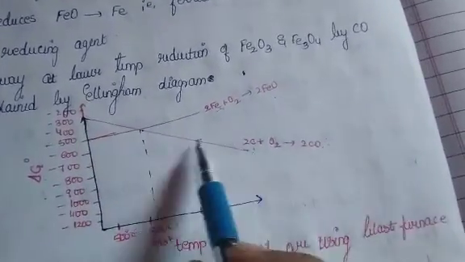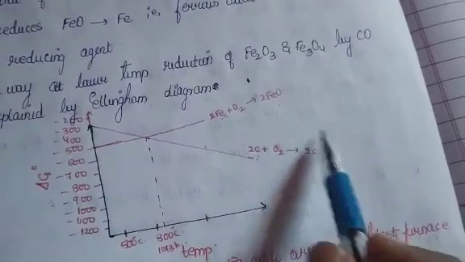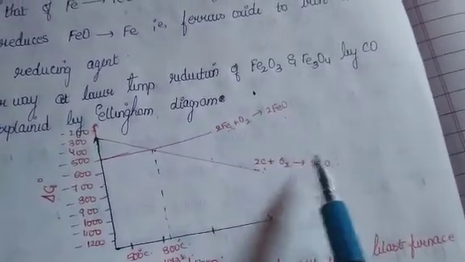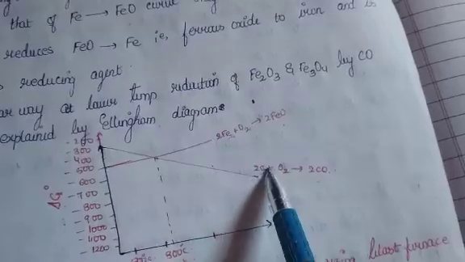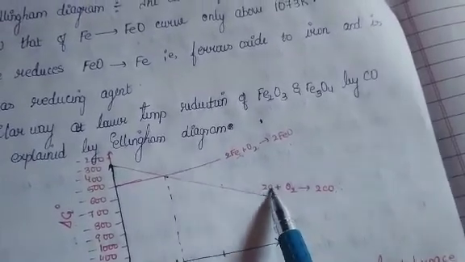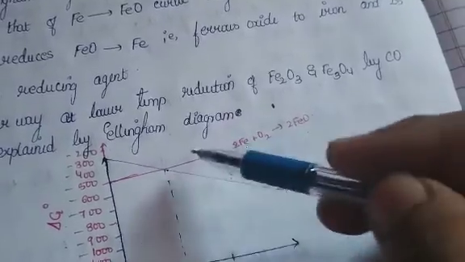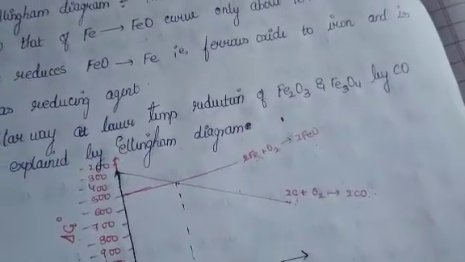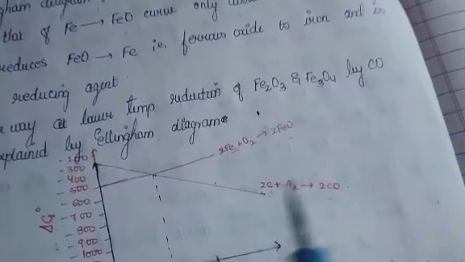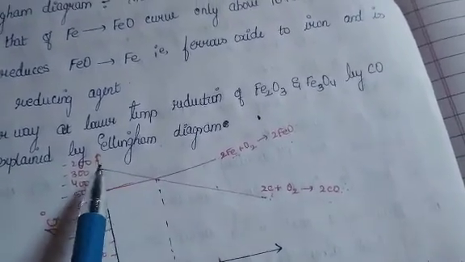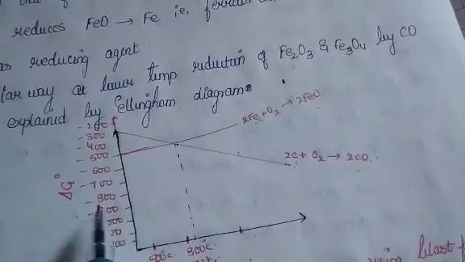That is the reason we are saying that the curve of your metal oxide or element oxide, such metal or the element can be used as a reducing agent for the curve of the metal oxide which is above it. That is the reason we are choosing it. This is the explanation it says. As you go down, the delta G becomes more negative.